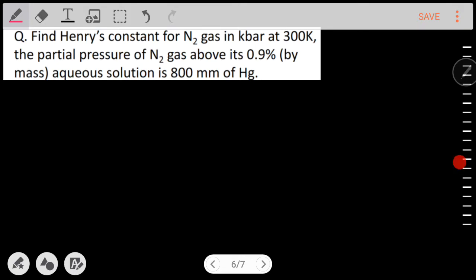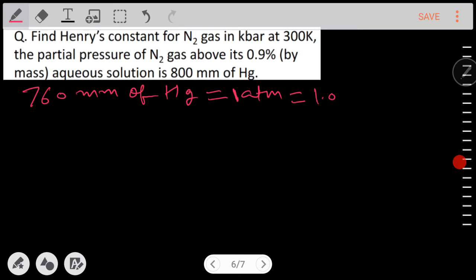You know that 760 millimeter of Hg is equal to 1 atm, and that is equal to 1.01325 bar.